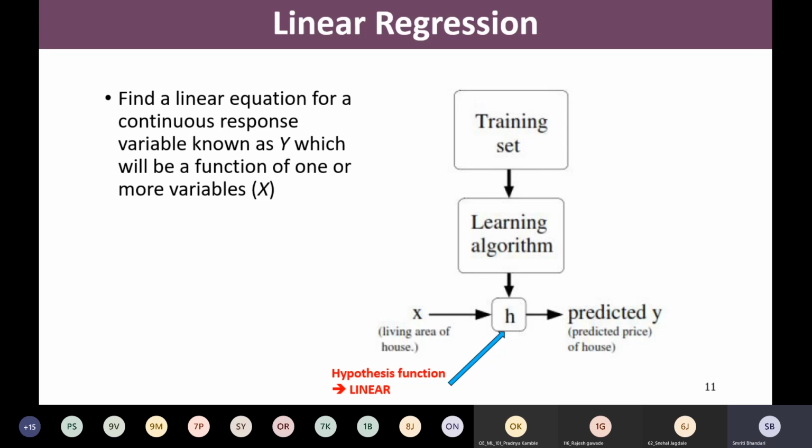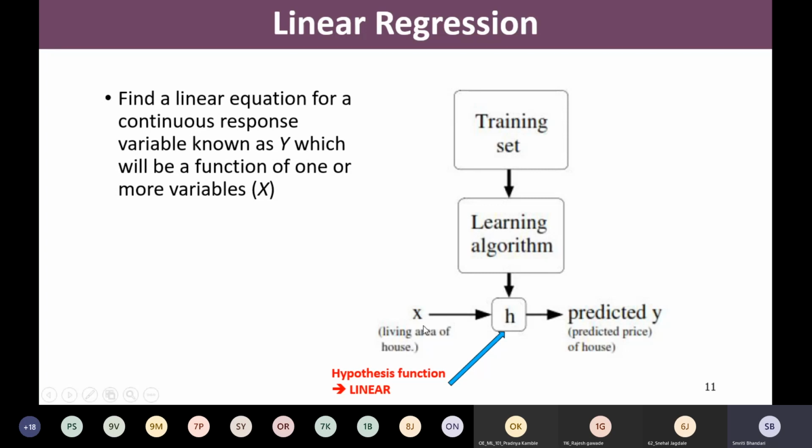So linear regression is one of the simplest and most commonly used data analysis and predictive modeling techniques, right? And linear regression aims to find a linear equation for a continuous response variable, which is known as y, and which will be a function of the given input variables x.